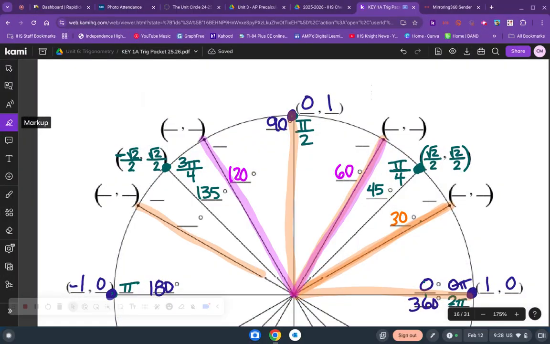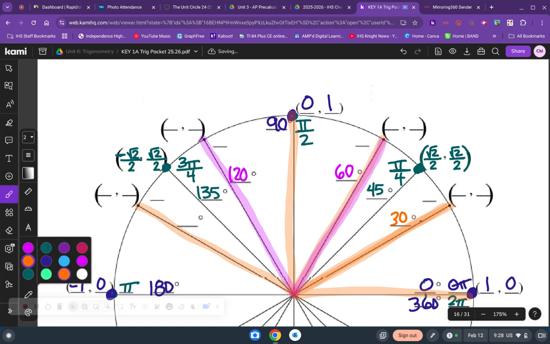Add 30 more. That puts me at how many? 150. Good, 150. Nice.